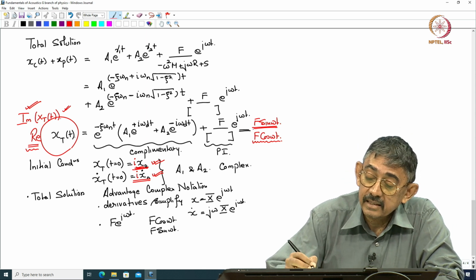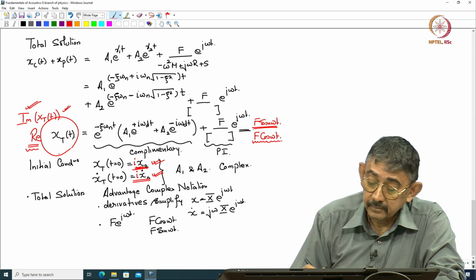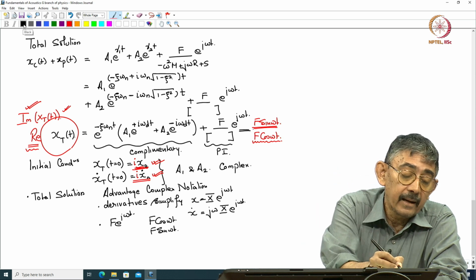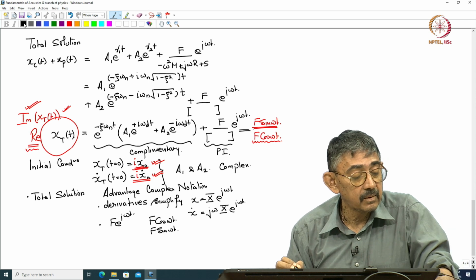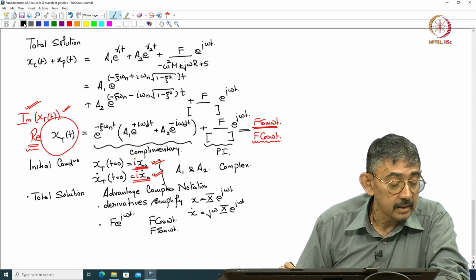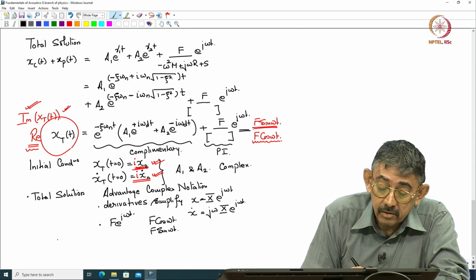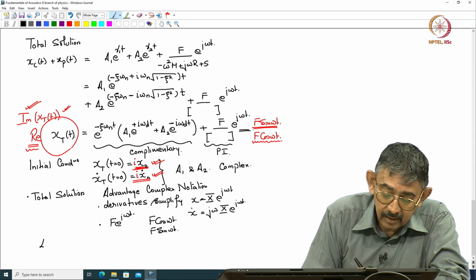That is as far as this total solution is concerned. We have acquired the total solution. Now as time moves forward, let us say t tends to infinity.